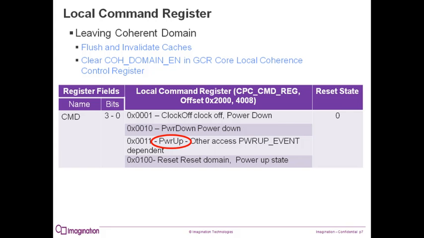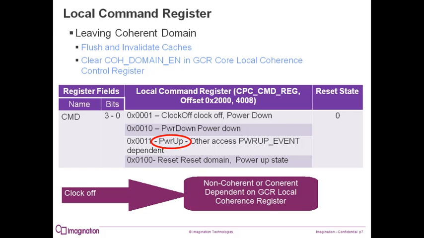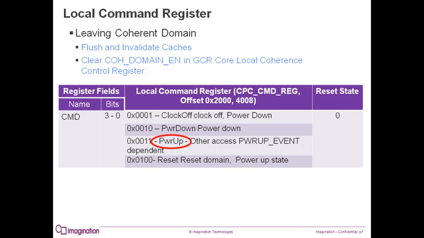A reset will always ensure a clean start irrespective of the current state. If the previous power domain state was clock off, a power up command will raise the domain state to either non-coherent or coherent operation depending on the GCR local coherence control register settings.